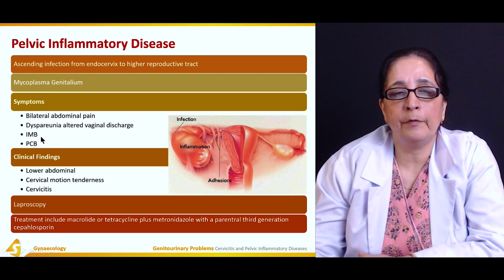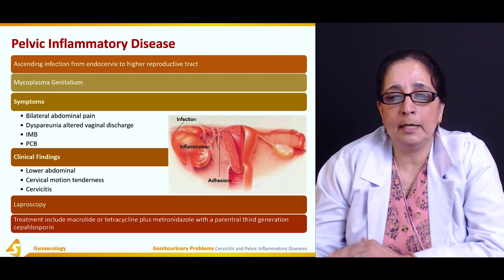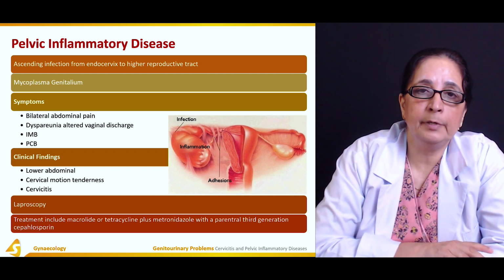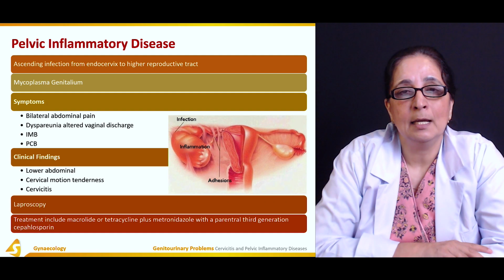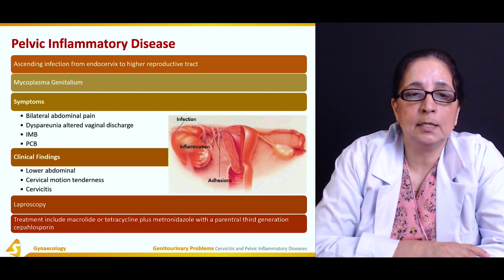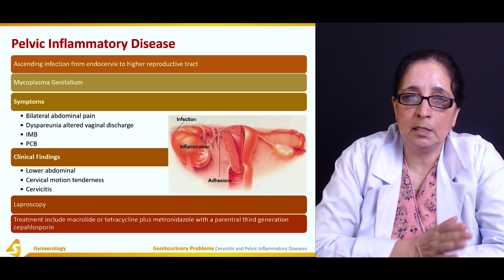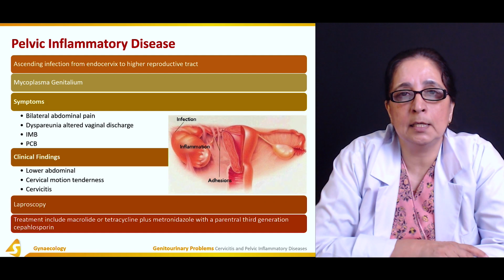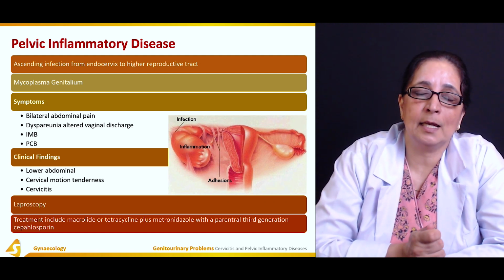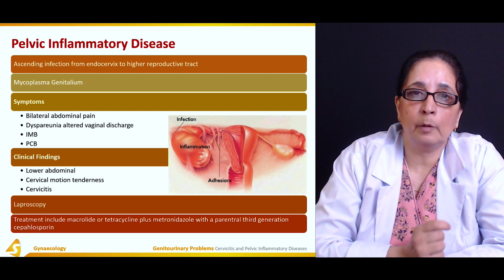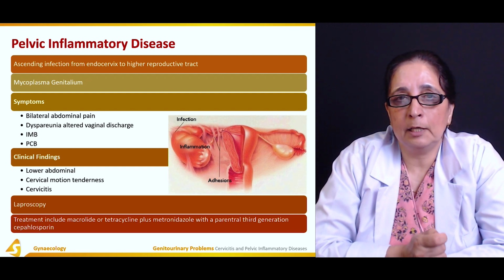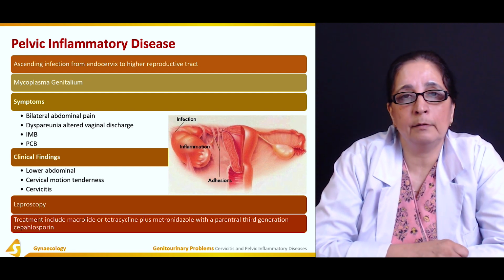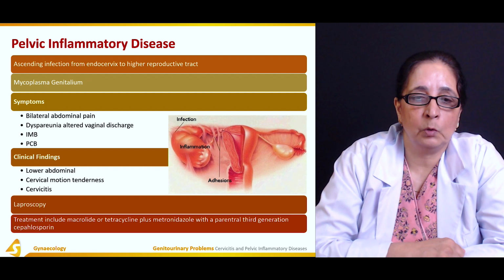They have off and on spotting or bleeding in between the regular menstrual cycles. And PCB means postcoital bleeding, so they have bleeding after sexual intercourse. So these are some very common symptoms in which the patient complains of abdominal pain, intermittent menstrual bleeding, and dyspareunia, or pain during sexual intercourse.